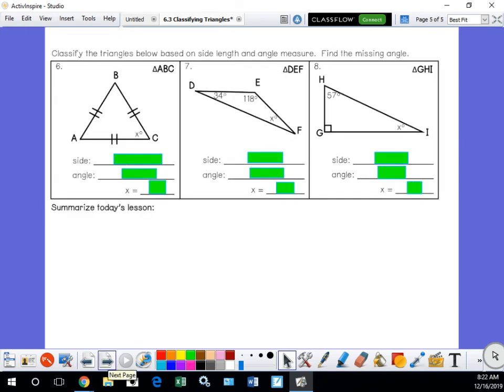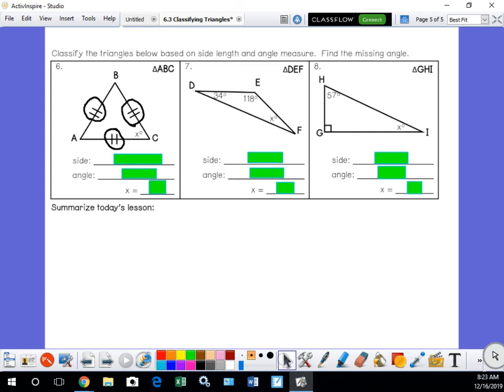All right, our last couple here, it says classify these triangles below based on side length and angle measure. Find the missing angle. So first for our side length here, if we look at our side lengths on this first triangle, they have the same marking. Now we use these markings to show that they are the same length. If they all have a 2, that means they're all the same length.